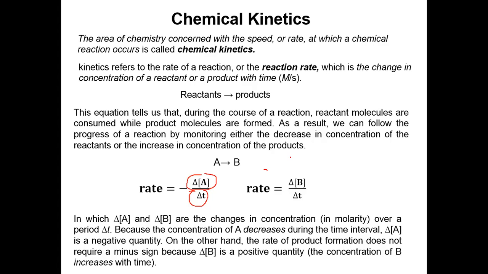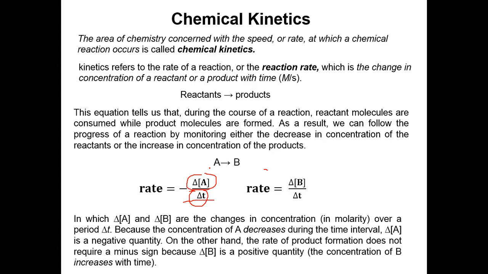So the same thing, very similar, is in a chemical reaction. It's change of concentration per time. When we're talking about the rate of reaction, it's always per time. So anything in terms of rate is per time, right? And how can we express it? It's very simply written over here.